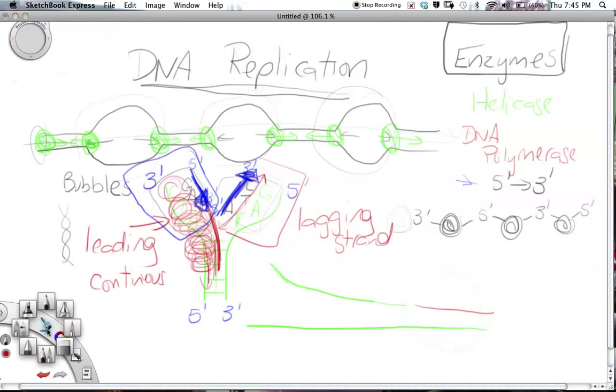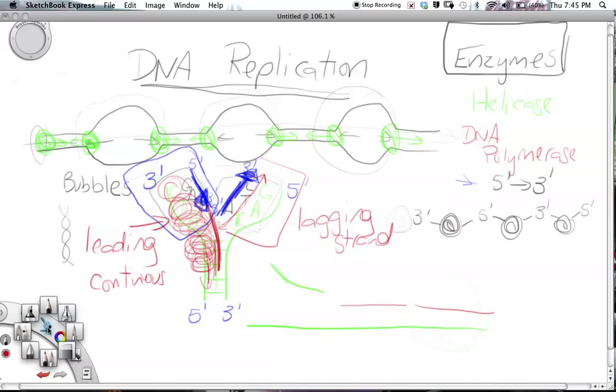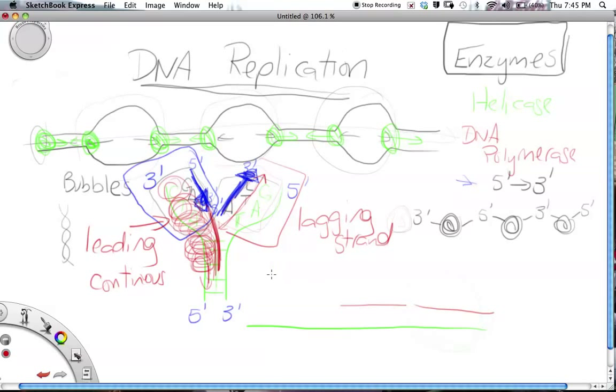And then this part was broken off, and so polymerase came in and built this direction. And then our last little bit was broken off, not necessarily actually broken off, and then you end up with little fragments because they're all being made in this direction. So these are what's known as Okazaki fragments.